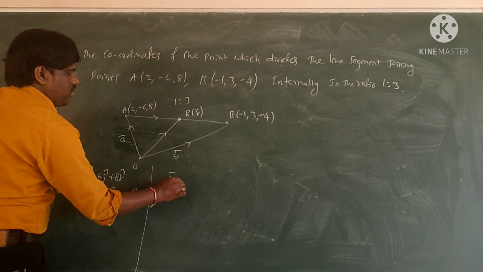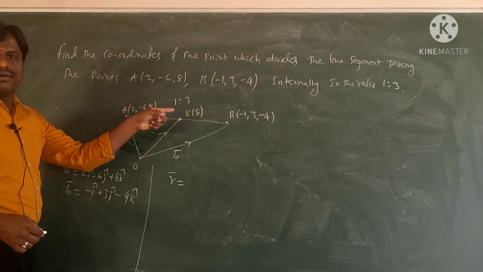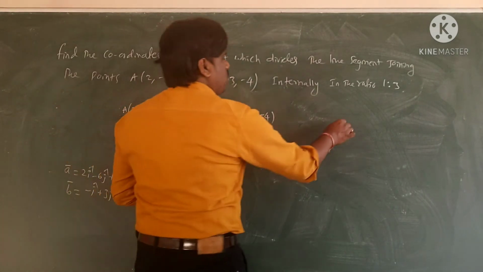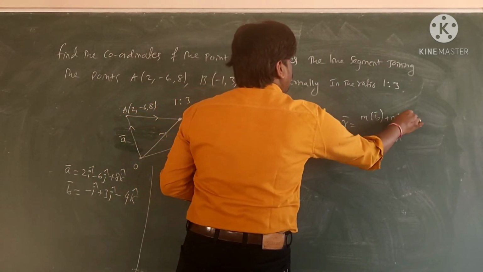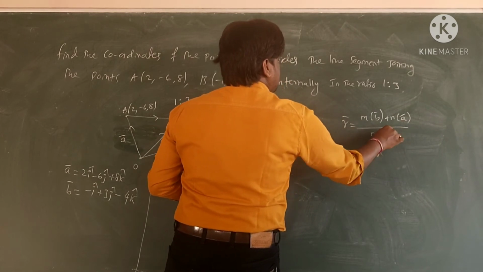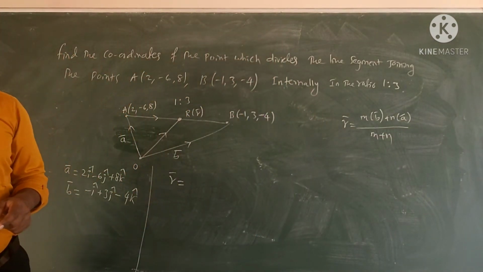Now what can I write here? R vector, by the formula, is m into B vector plus n into A vector, by m plus n. Right?